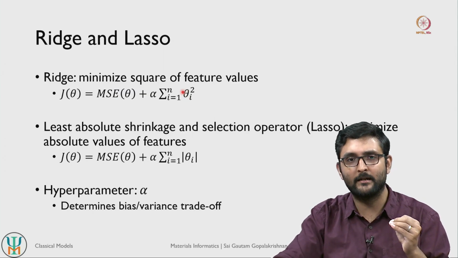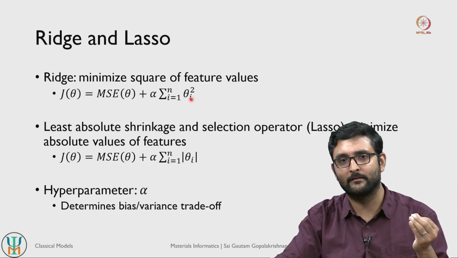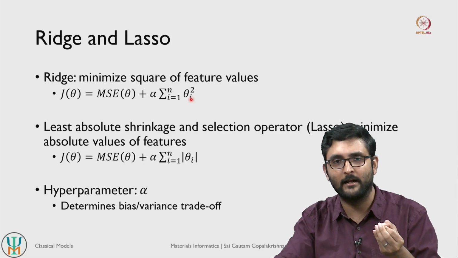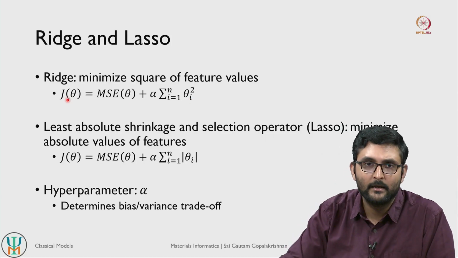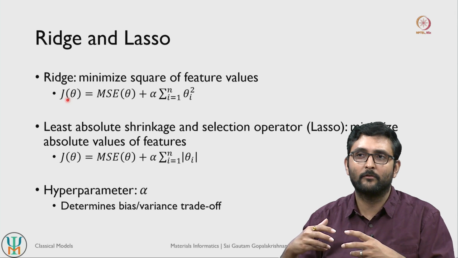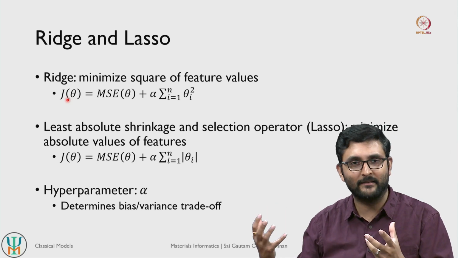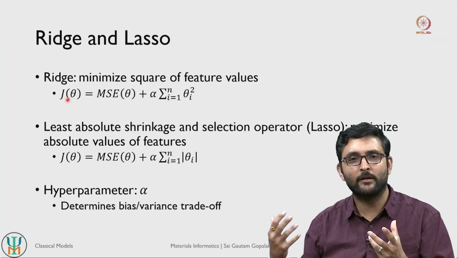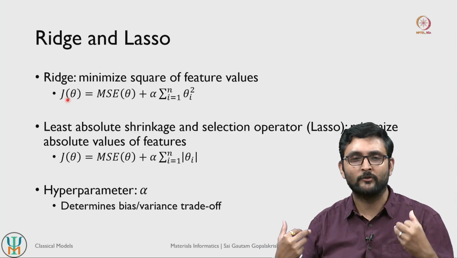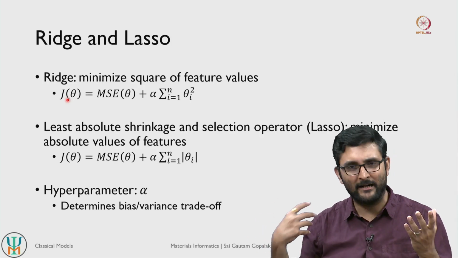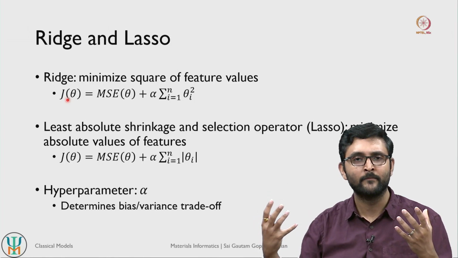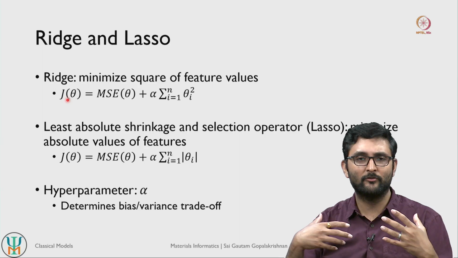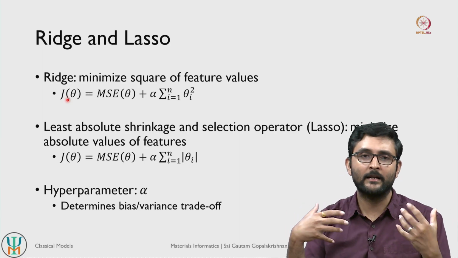So it will not allow the accumulation of large theta i values, or large values of your weights and biases, right. So in other words, if you have too many weights and biases in your model, you can overfit a model, right. So let us say you have 10 data points and 100 features. If all the 100 features have non-zero weights, then you basically have an overfit system, right.